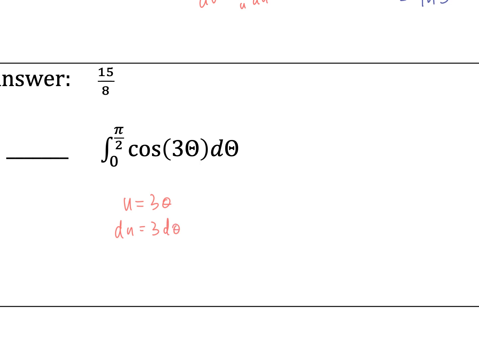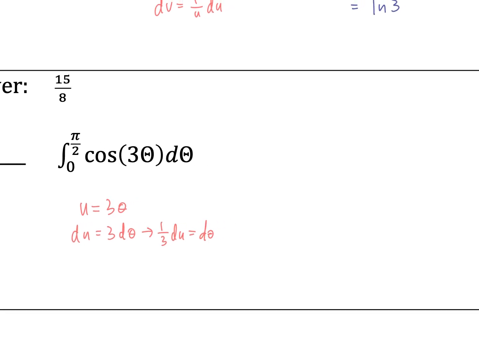Okay, we don't have a 3 d theta, we just have a d theta, so times by a third. Okay, now we'll substitute. So that 3 theta will become u, and this d theta will become 1/3 du. So the third I'll pull out.